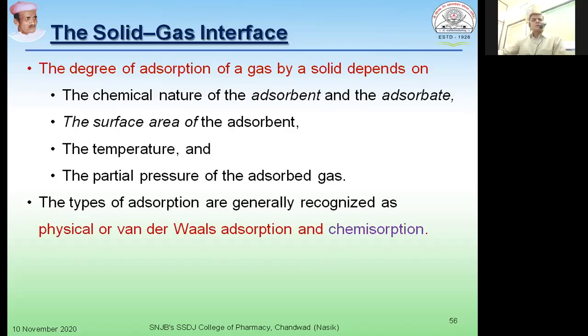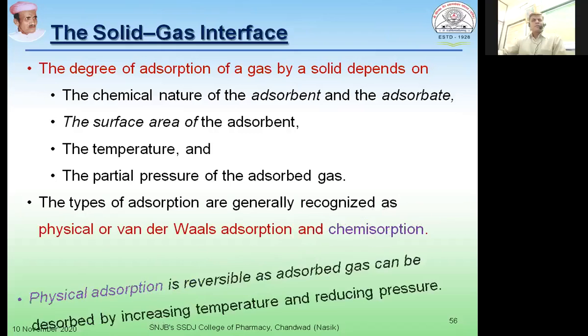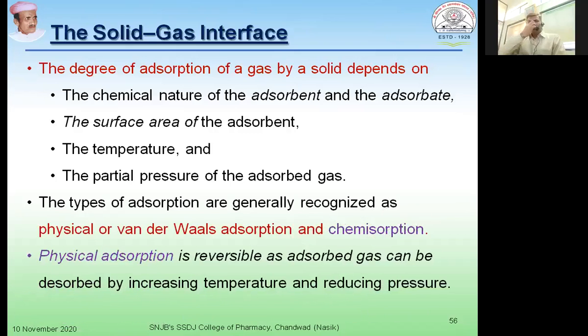So physical adsorption, because it is because of weaker van der Waals forces of attraction, these types of adsorptions are reversible, and desorption, which is the process of removal of adsorbed gas from the surface of adsorbent, can be easily undertaken by either increasing the temperature or reducing the pressure.